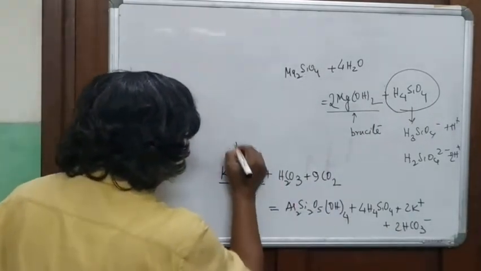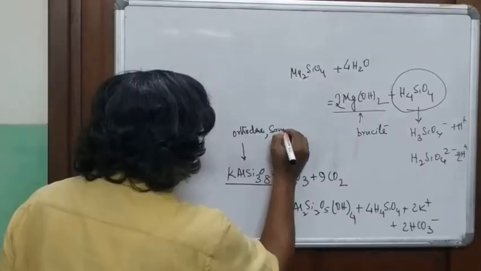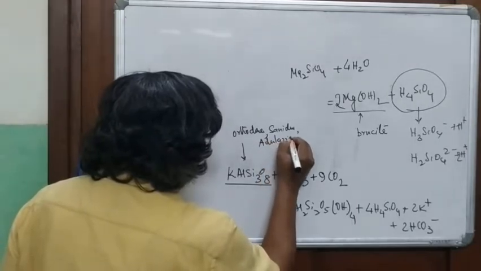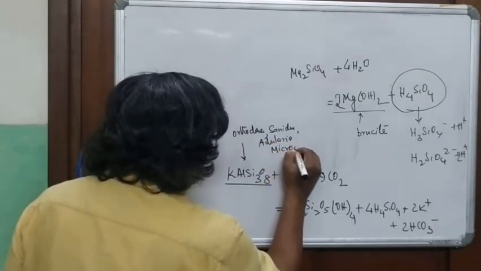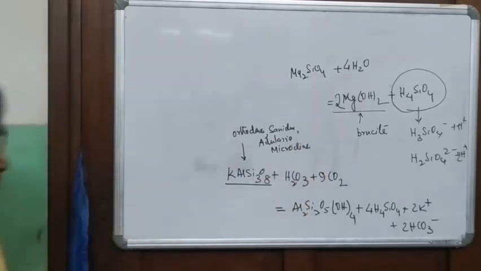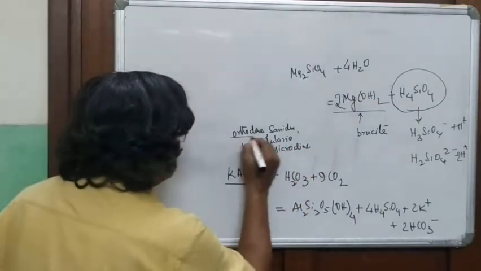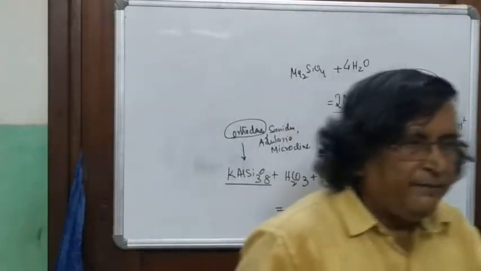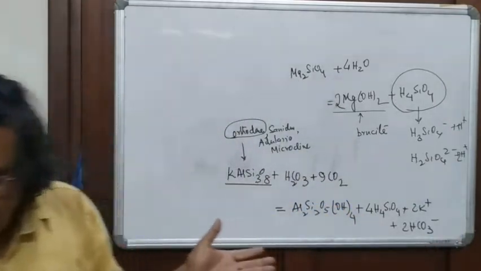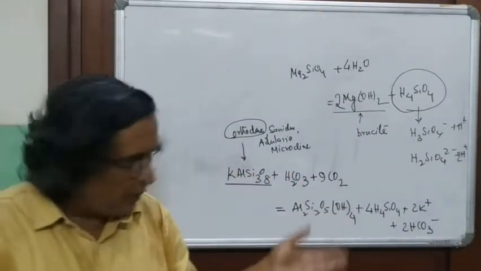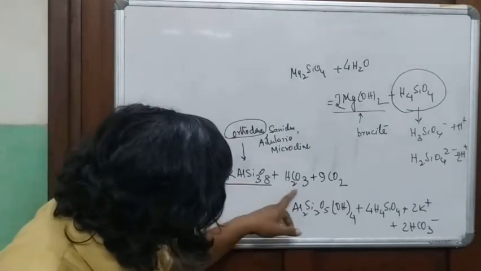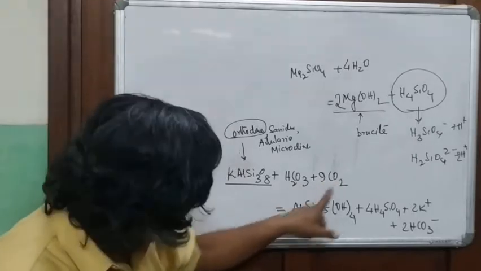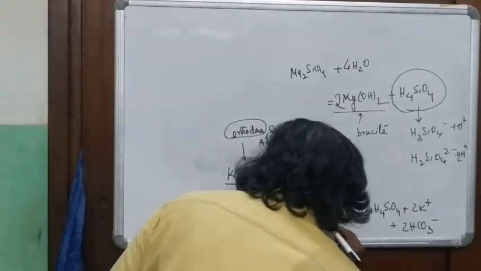KAlSi3O8, you remember the name, orthoclase is one name, adularia is another name, and microcline is another name. So these are all polymorphs of KAlSi3O8. Whatever it is, you know orthoclase as the mineral. KAlSi3O8 is an important member of the more felsic igneous suites, as we have discussed before. And so KAlSi3O8 reacts with H2CO3, carbonic acid, plus 9H2O, and it produces this mineral.